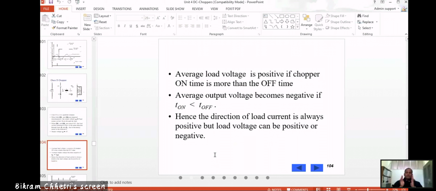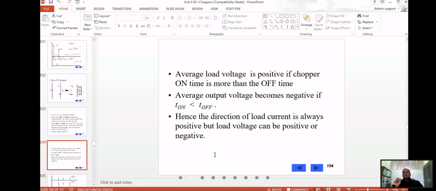So if you try to focus on the pulse modulation, if you keep the time period constant and manage the T on and T off, there are certain disadvantages also. If you prolong this T on time for a longer period, what is the effect on the output? You have to keep that in mind.